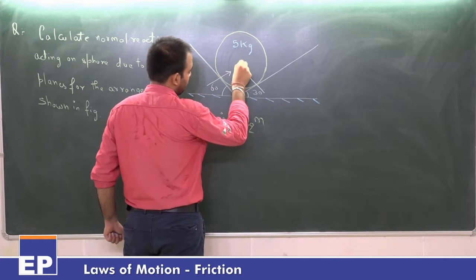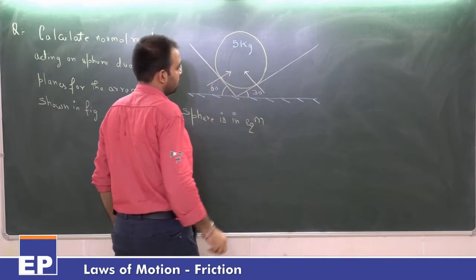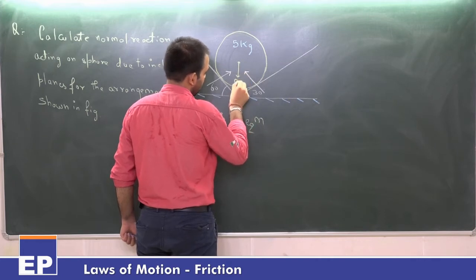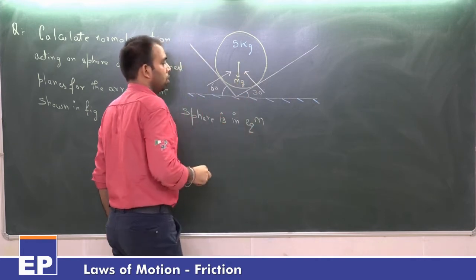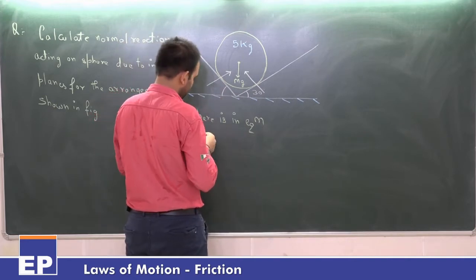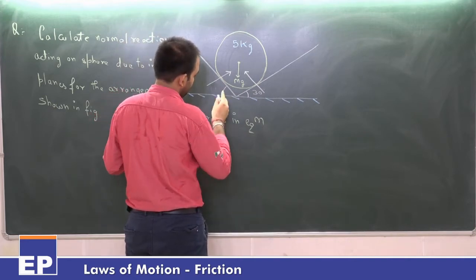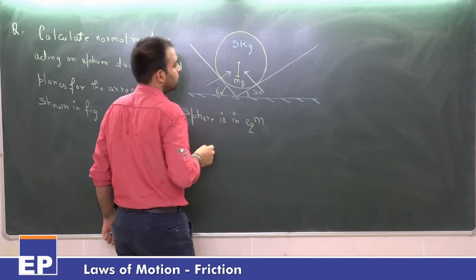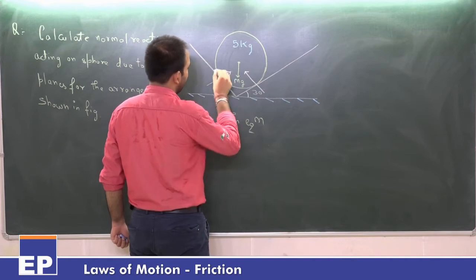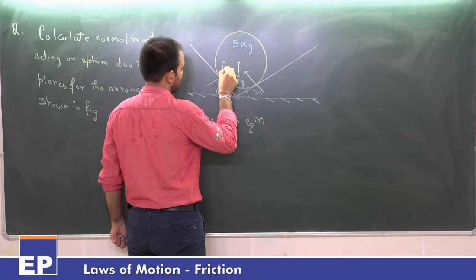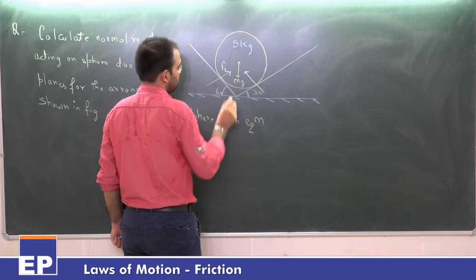And mg is acting in downward direction if I make its free body diagram. This is the direction for Fn1. ये F1 ले लो आप.